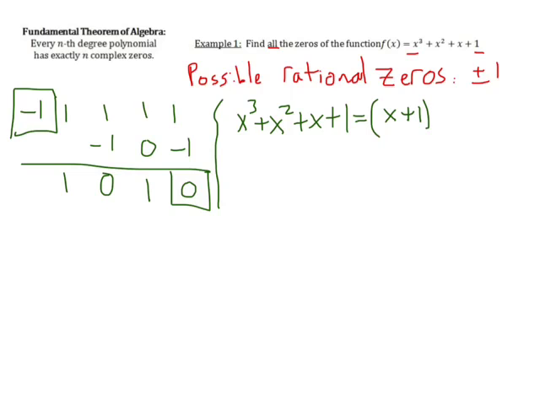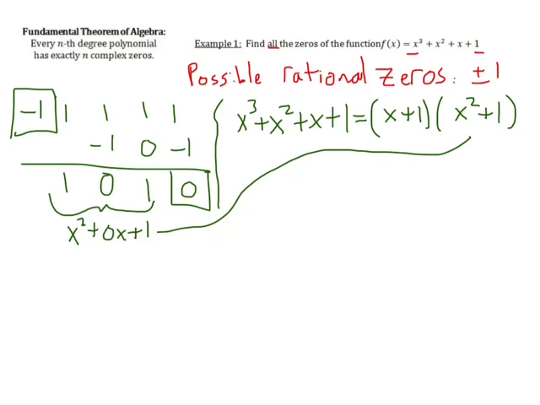The reason why we choose x plus 1 for our factor here is because this is a 0, and if we plug in negative 1 here, that'll make this factor 0. And the leftover comes from right here. So this represents 1x squared plus 0x plus 1, or let's just call that x squared plus 1. So this guy goes here.